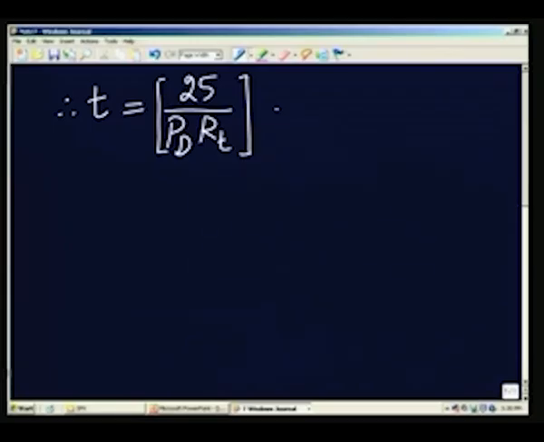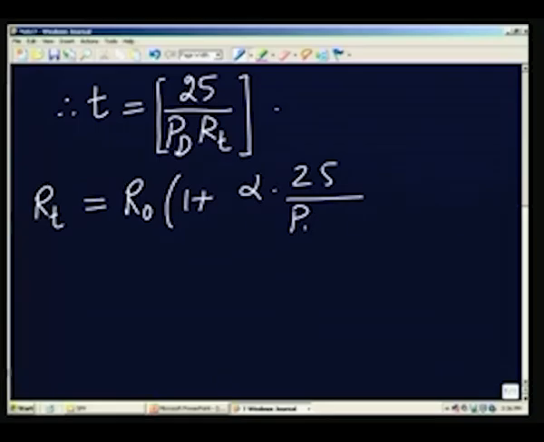Now, I also know that RT is nothing but R naught into 1 plus alpha into T. T is nothing but 25 divided by Pd RT.